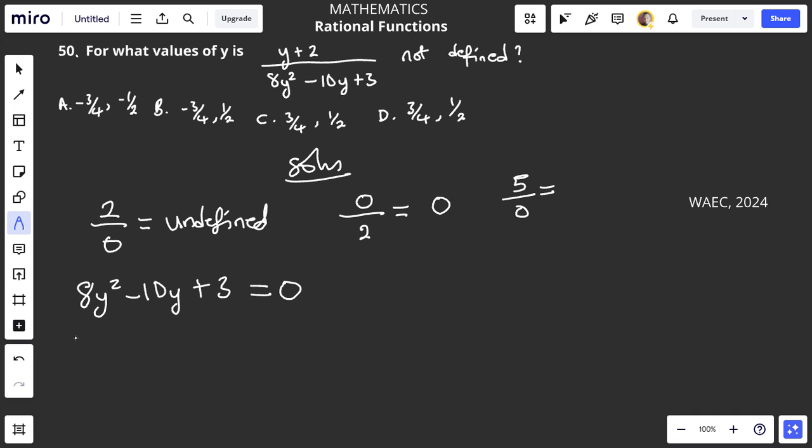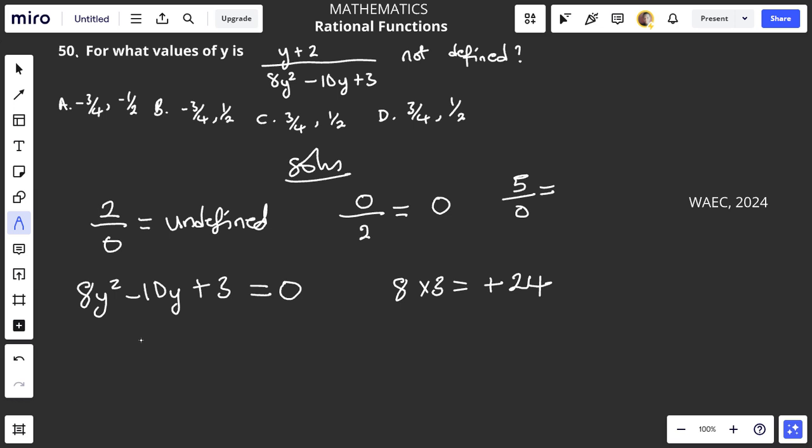According to how we solve a quadratic equation, we multiply the coefficient of y squared with the constant 3. So we have 8 times 3, which gives us plus 24. That's the first step.